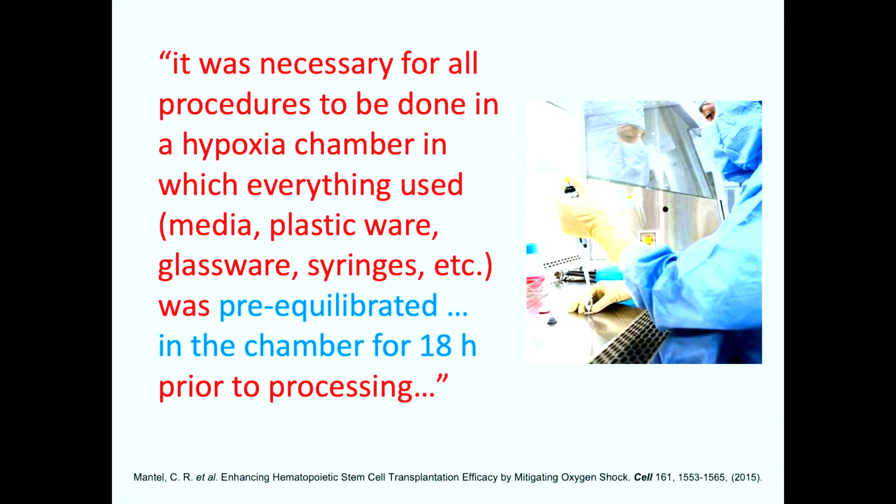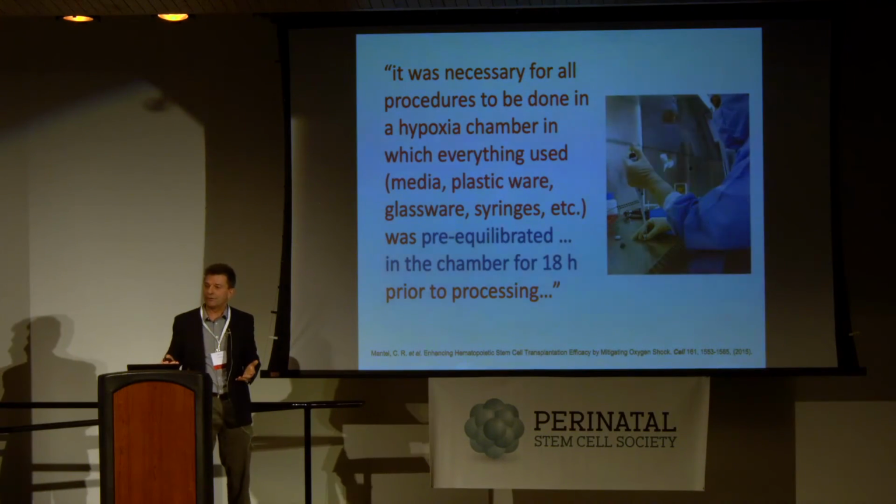Number 2, it was so sensitive that they had to do all the work, all of it, in a hypoxia chamber. I'm going to take issue with that. That's a low oxygen chamber because it's actually probably normoxic for the cells. And it was so sensitive they had to pre-equilibrate all the plastic beforehand. Otherwise, the plastic would expose them to this oxygen.